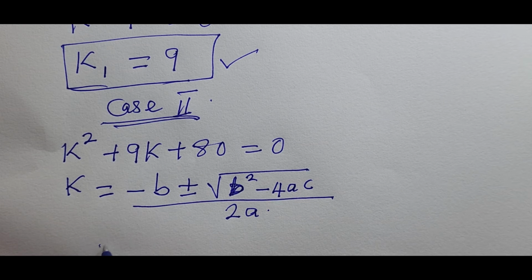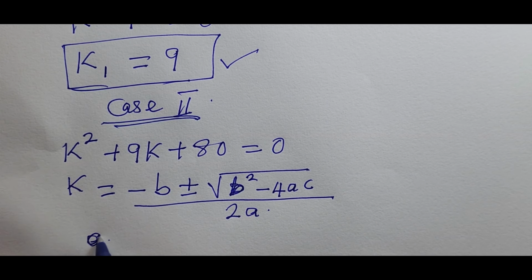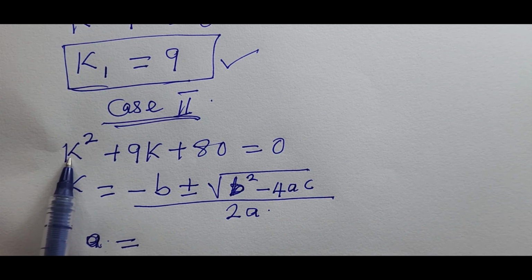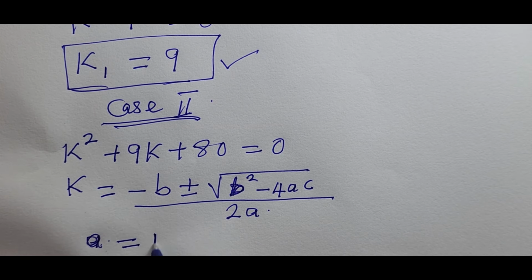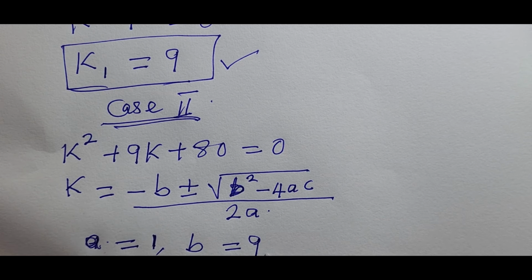Here we have our a. So a is the coefficient of k², which is equal to 1, and b is the coefficient of k, which is 9 here. And c is the constant term, which is 80.